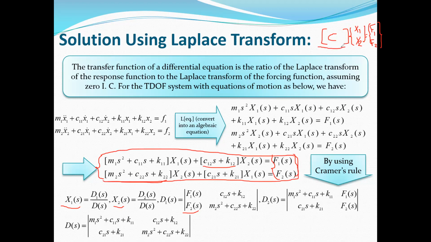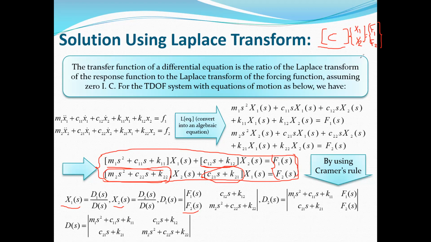This is the matrix C. For example, the first component in the first column of this matrix C is the coefficient of X1. The first component in the second column is the coefficient of X2 in the first equation. The second component in the first column is the coefficient of X1, and the second component in the second column is the coefficient of X2 in the second equation, and it's multiplied by X1 and X2, and it's equal to F1 and F2.